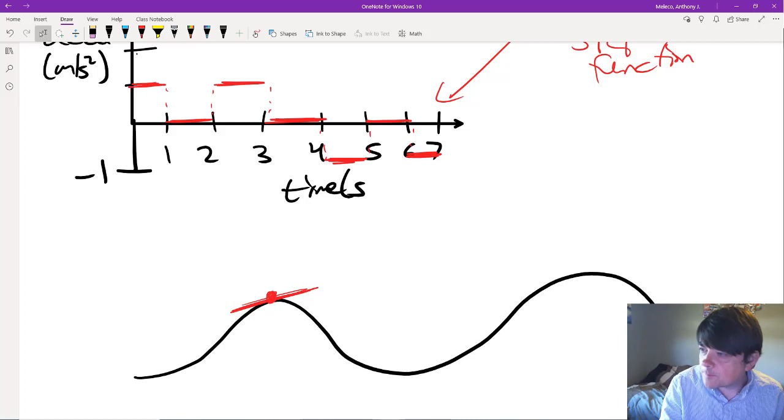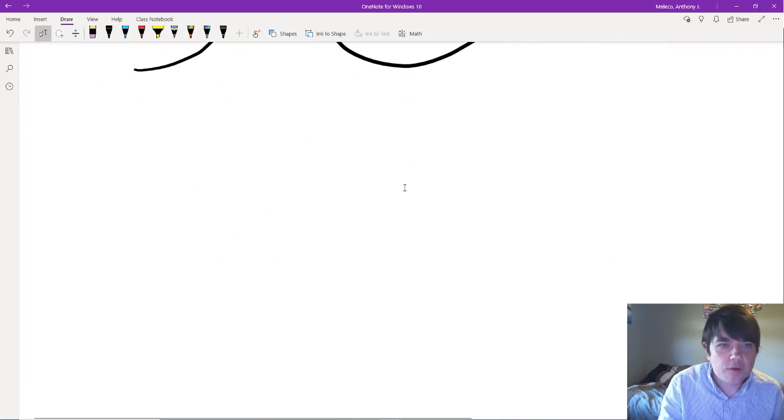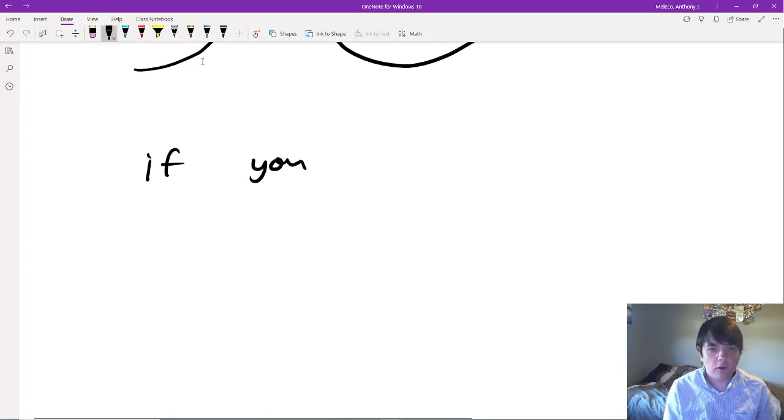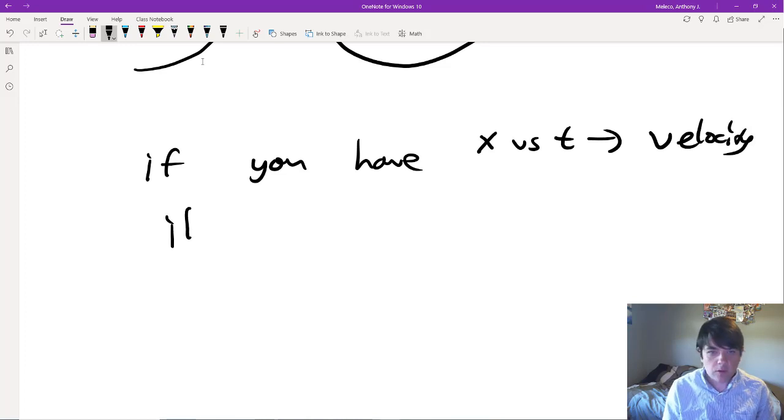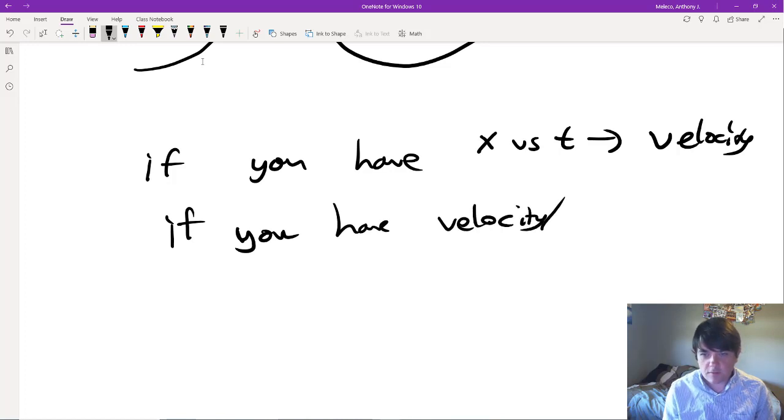There is one more that I want to talk about. If you have x versus t, you can get velocity. And if you have velocity versus time, you can get acceleration. That's true. So you're going forward.